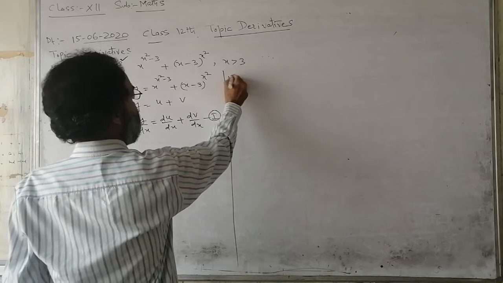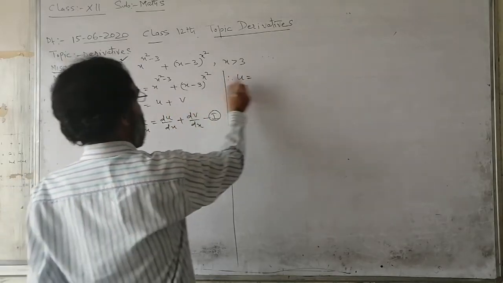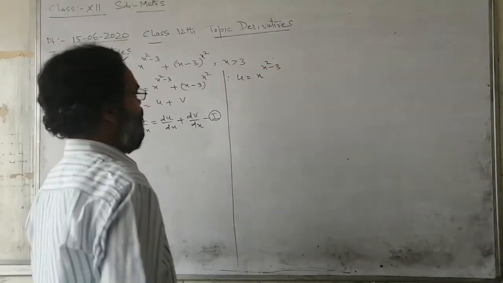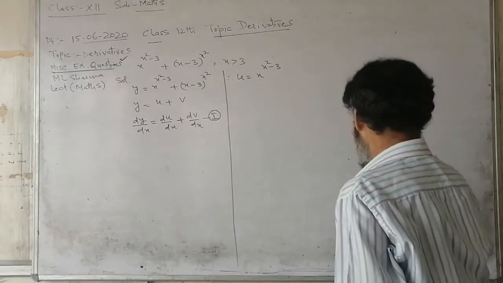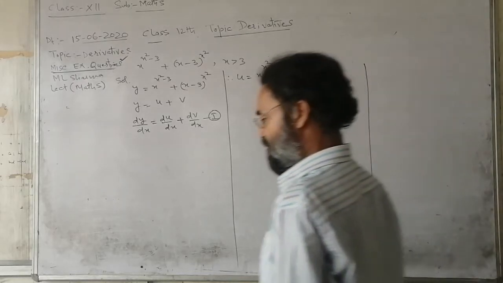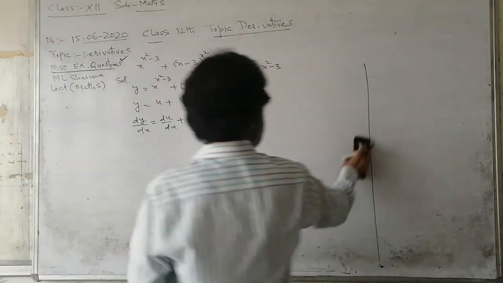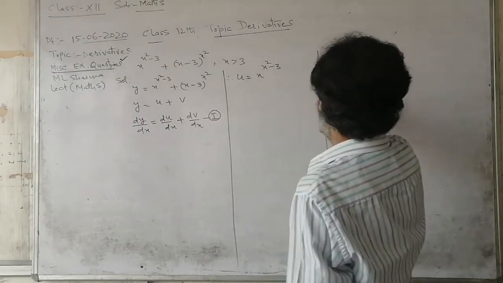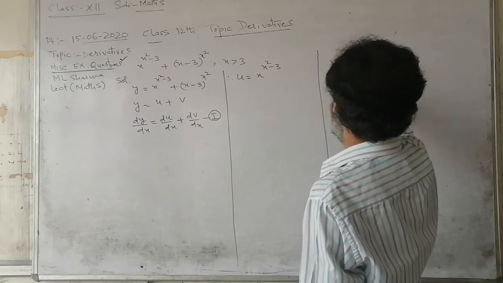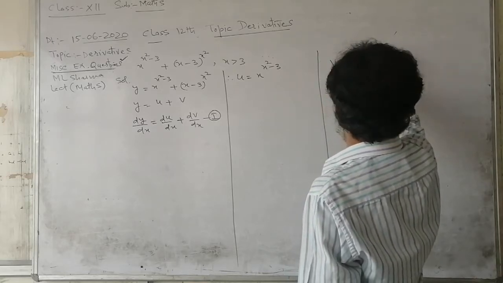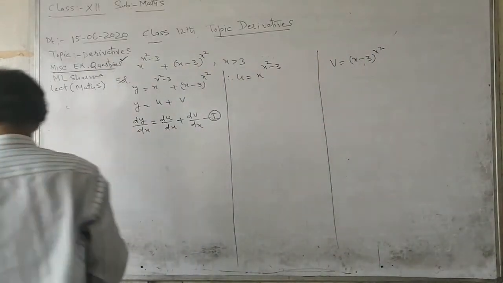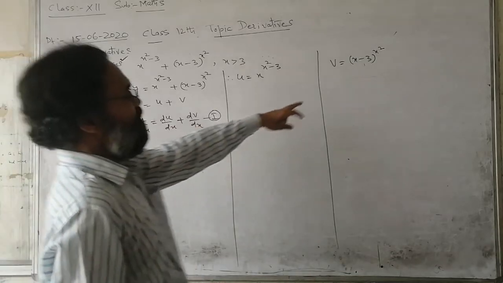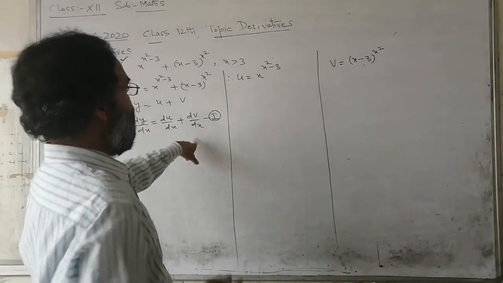So u is equal to, I have put this, x raised to power x square minus 3, and at the same time the value of v is equal to x minus 3 raised to power x square. So from here I can find du upon dx, and from here I can find dv upon dx.